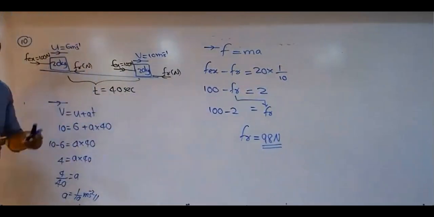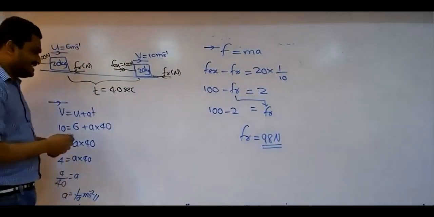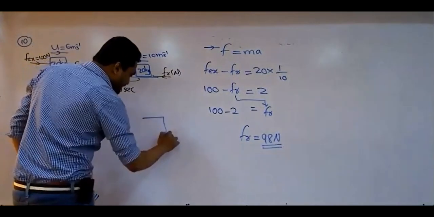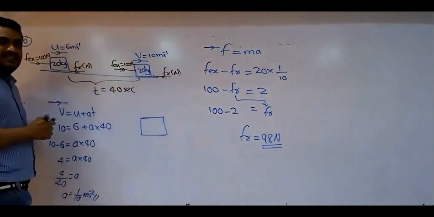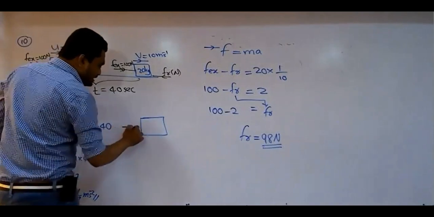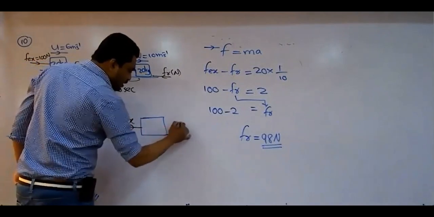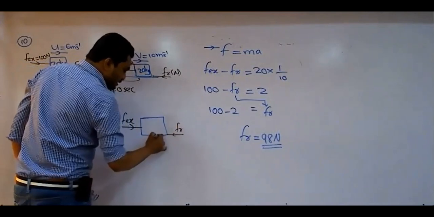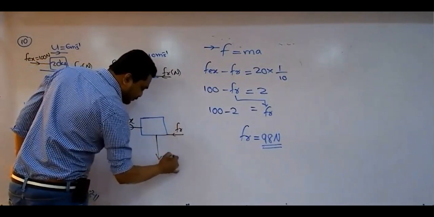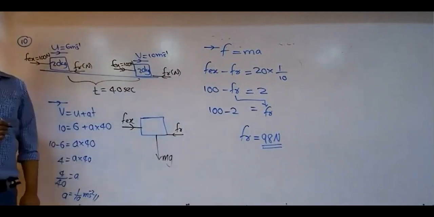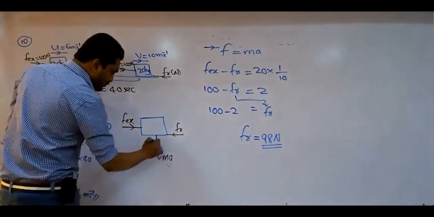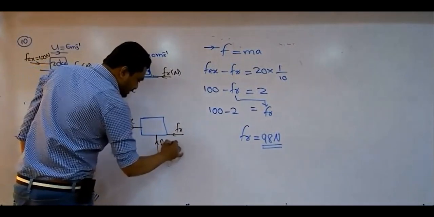Now I should put this figure separately. Listen there. If I consider this figure, what are the forces acting on it? Horizontal external force, horizontal friction force, gravitational attraction force. What is the other force there? The normal reaction force given by the surface.